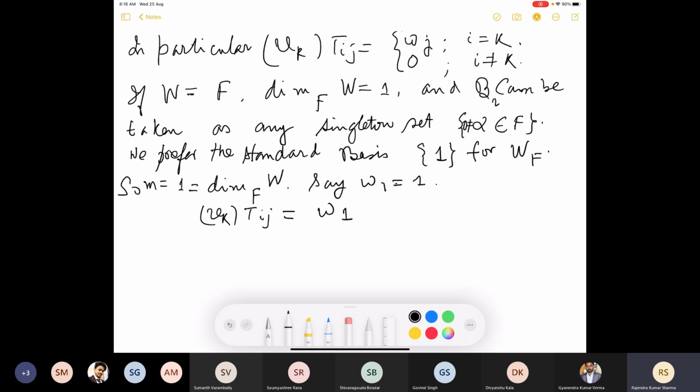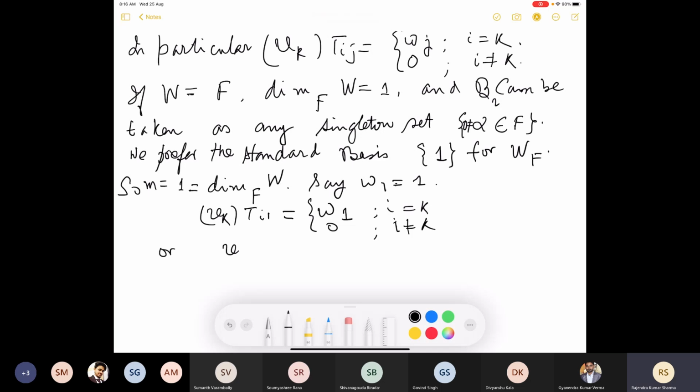Now this is W1 when i is equal to k, and 0 when i is not equal to k. Now, since j is 1, this is Ti1. There is no point in writing this 1 every time, so we drop this also.